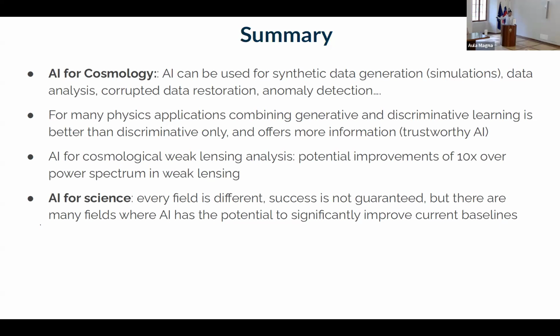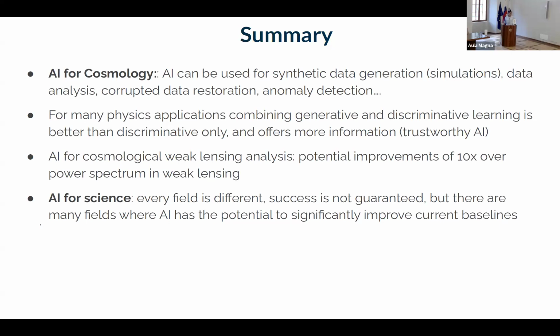And then finally, we believe that these kinds of approaches are promising for weak lensing applications for the future data, up to a factor of 10 in terms of figures of merit. And so certainly they should be deployed to the real data to see what their reach is. In terms of general comments for science, every field is different. It's very hard to generalize anything from one field to another.